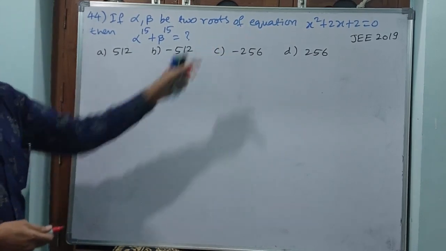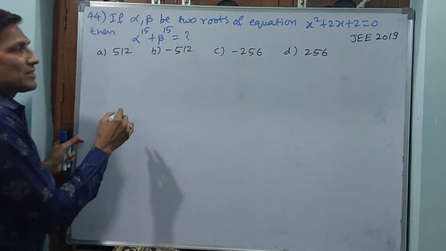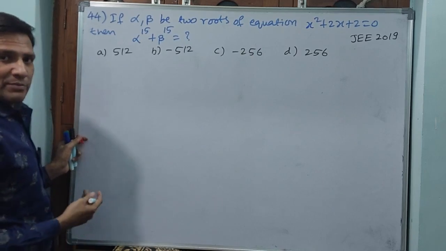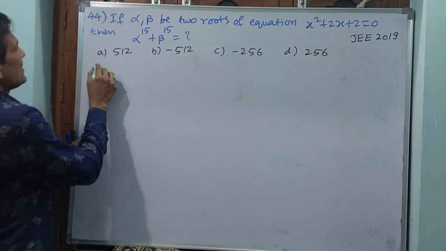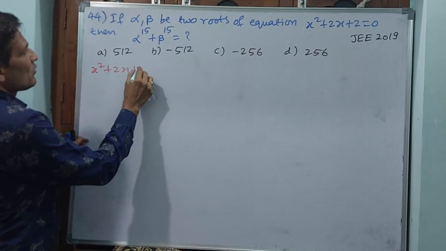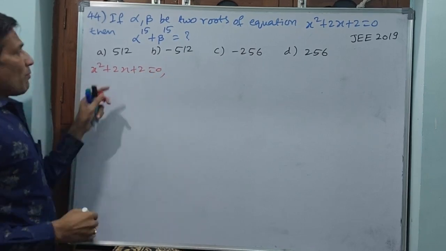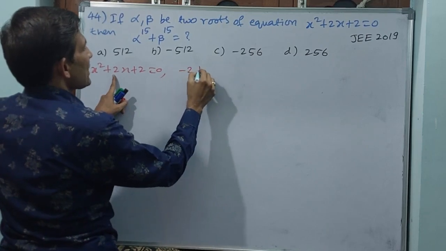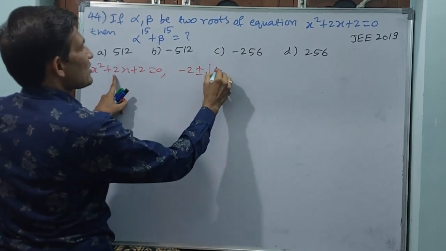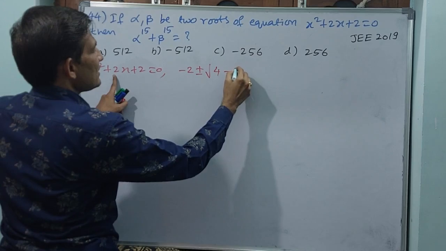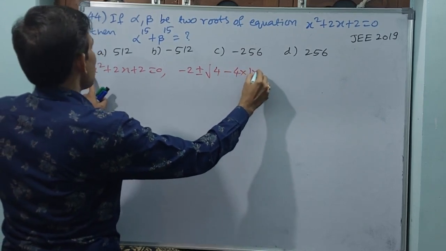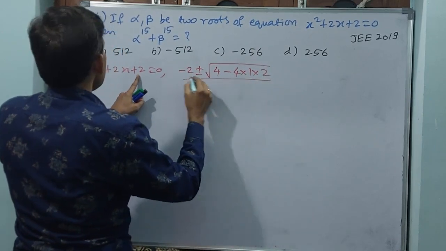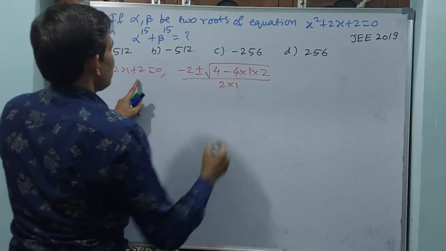Okay. Let me solve that equation. I am going to find the roots, because naturally two complex roots will come. One we take as alpha, another one we take as beta. Proceed further then. X square plus 2x plus 2 equal to 0. Minus b, here b is 2, minus 2 plus or minus square root of b square, 4, minus 4ac. 4 into a is 1 but c is 2, divided by 2a, 2 into 1.